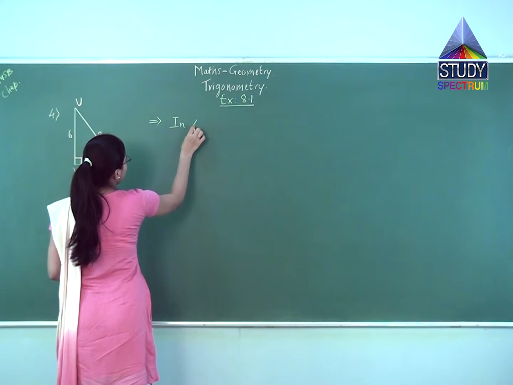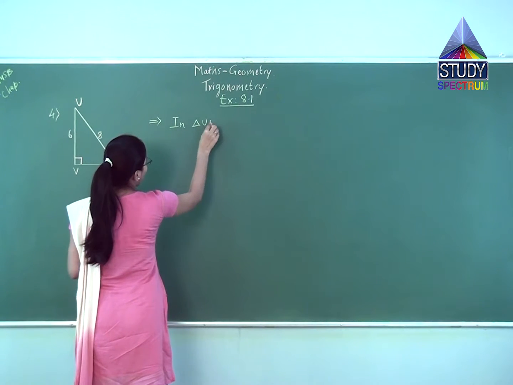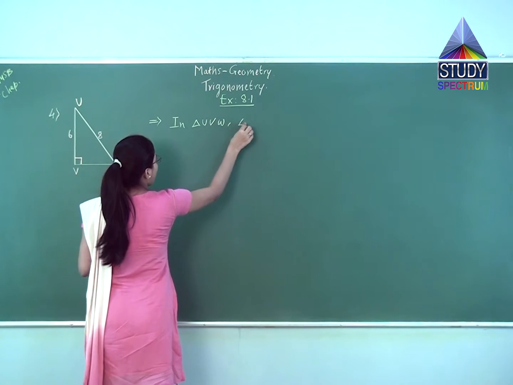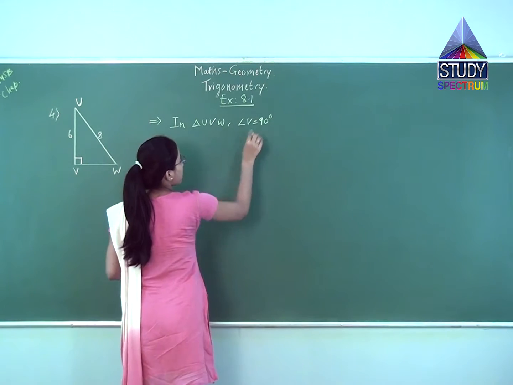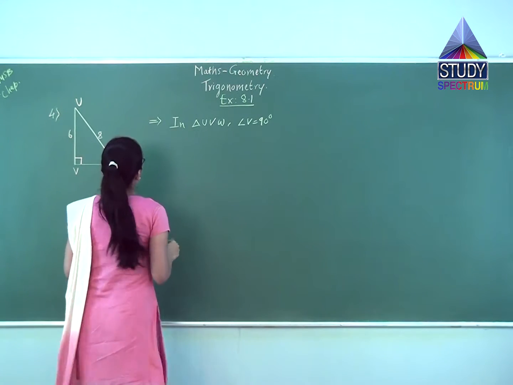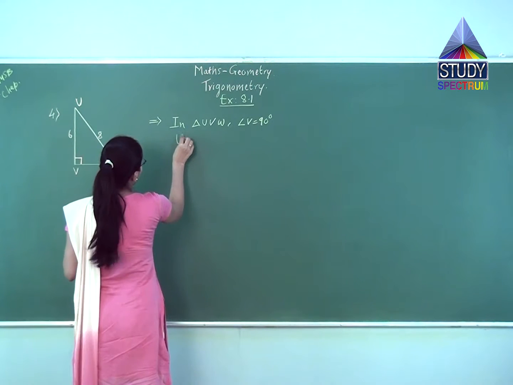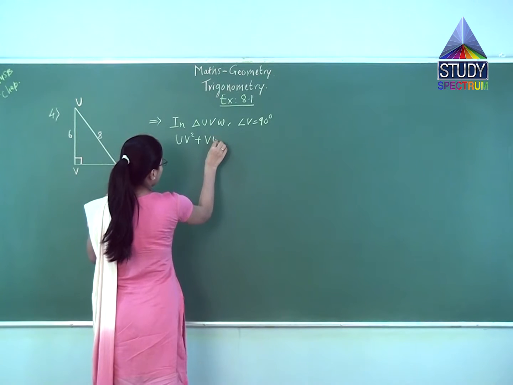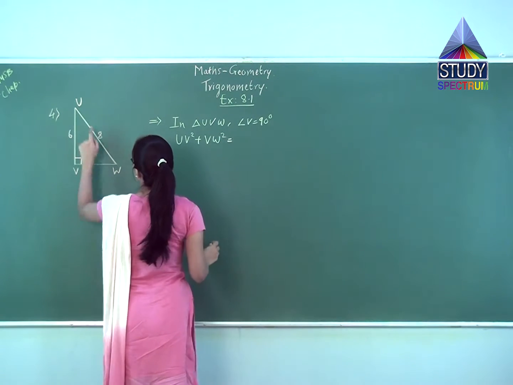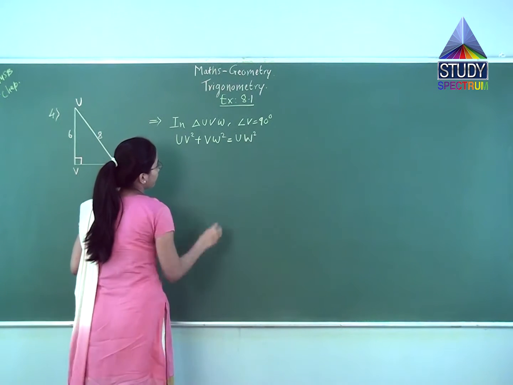In triangle UVW, angle V is 90 degree. So we can write directly UV square plus VW square is equal to UW square.